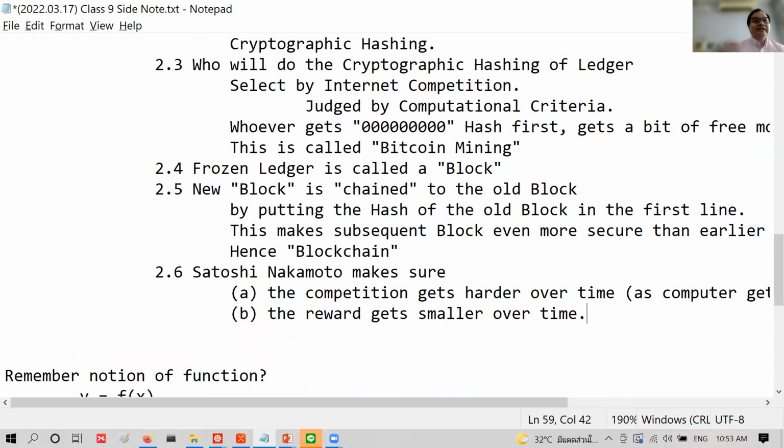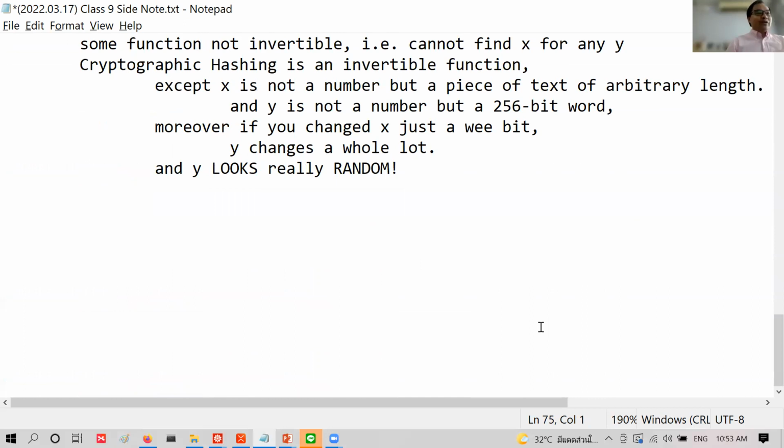Why is this important? Because if you get $1, $1 plus $1 plus $1 plus $1 plus $1 plus $1, this becomes infinite, right?